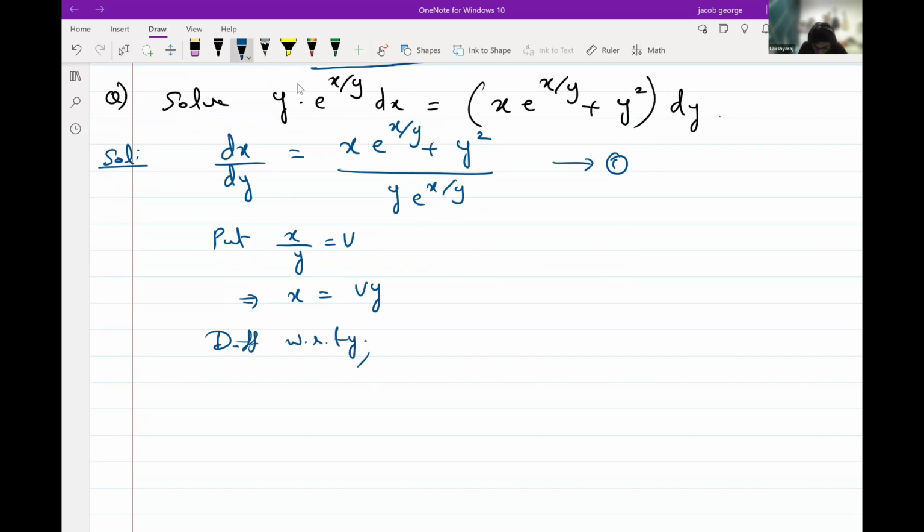Yes. So what do you get when you differentiate? Yes, please keep the camera on, other students. When you differentiate it with respect to y, we get dx by dy is equal to v into 1 plus y into dv by dy by product rule.